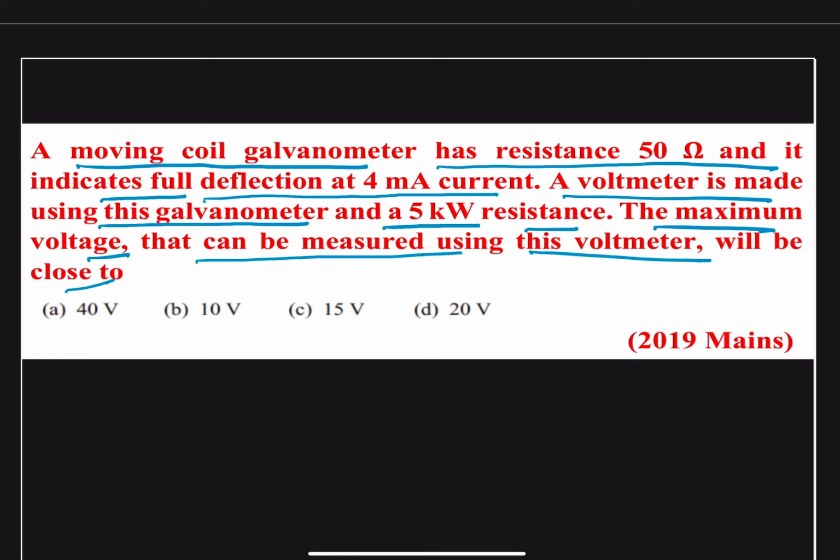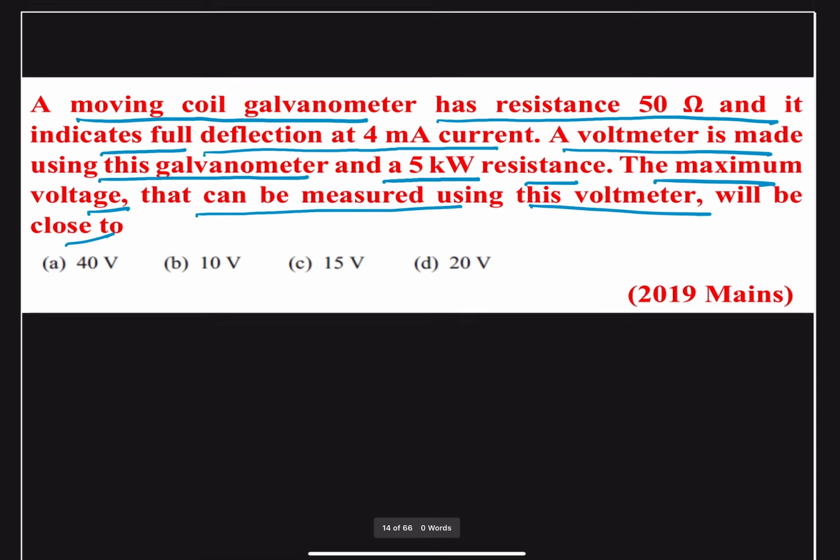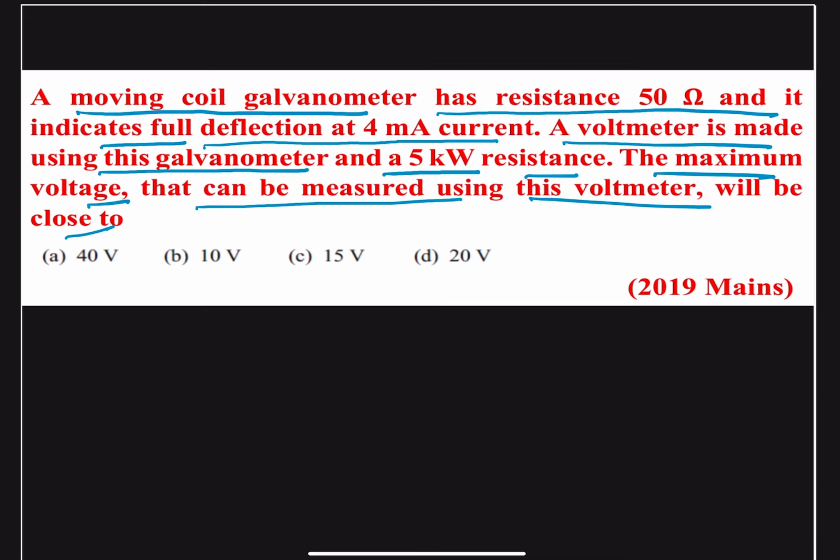So we are having a voltmeter, and in this case we are given that it has a resistance of 50 ohm and full deflection current is given as 4 milliampere and is converted into a voltmeter using the galvanometer and a 5 kilo ohm resistance.